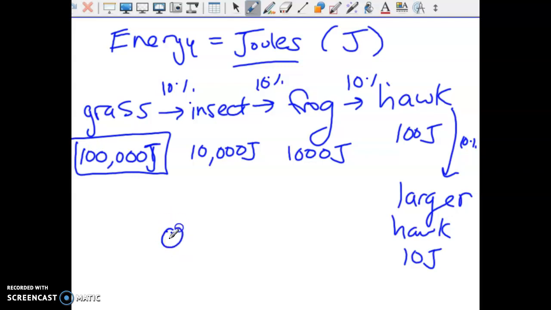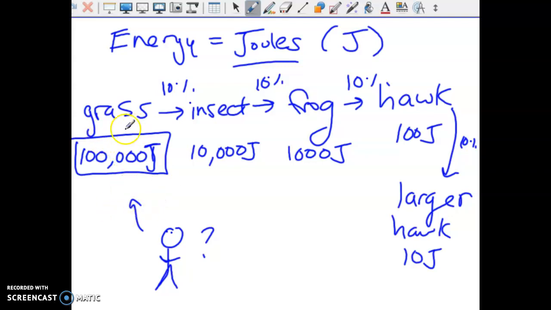So that's why for us as humans, what's more efficient to eat, right? It's actually fruits and vegetables. You get more energy from eating fruits and vegetables than you would eating, not like you would eat anything in this trophic level here, but let's say you were eating a hamburger or something, or a piece of chicken, or a piece of fish, right?